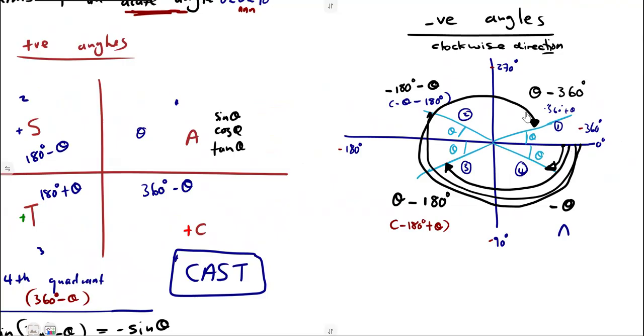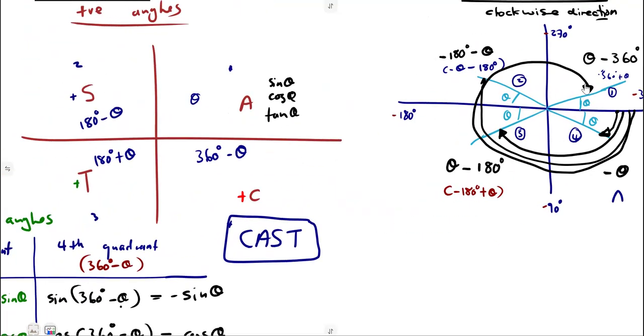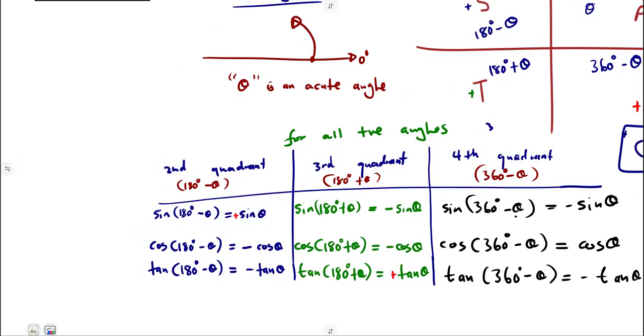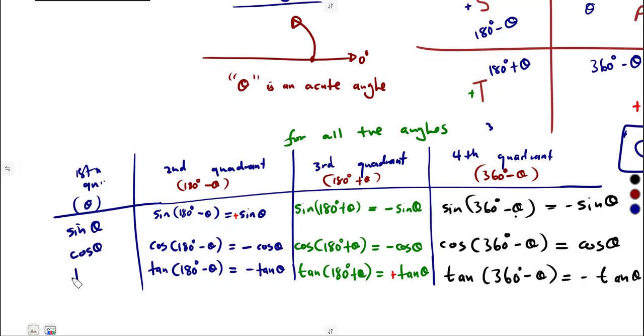Here, we now have to consider the first quadrant, which in our first case we're not considering, guys. In the first quadrant, there's nothing to be reduced. We do not reduce anything there because that is for theta. There is just sine theta, cos theta, tan theta. There is no reduction. It is already an acute angle.